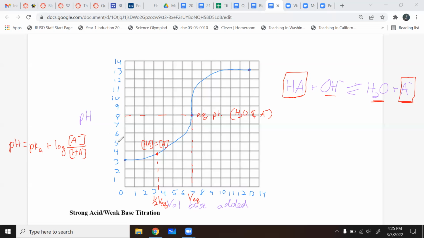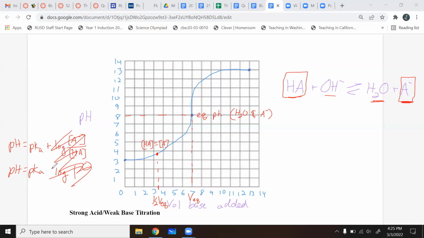If we look at this equation and consider what this term on the right means, base over acid concentration, at the half equivalence point these two concentrations are equivalent, so we're going to be taking the log of the number 1. And the log of 1 is 0. That essentially negates this entire term, and at that particular point, pH is equal to pKa.